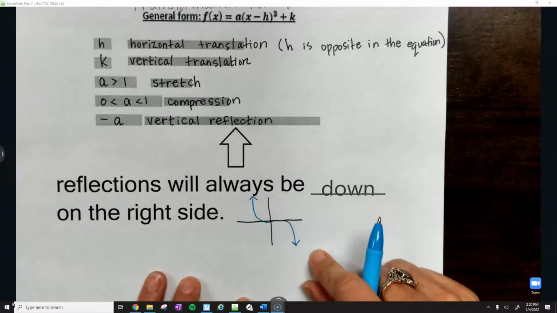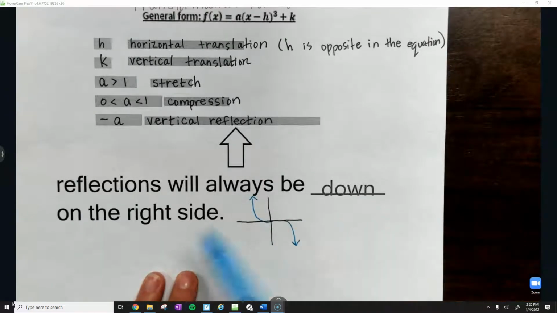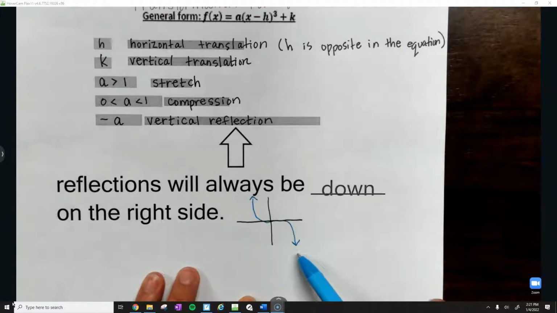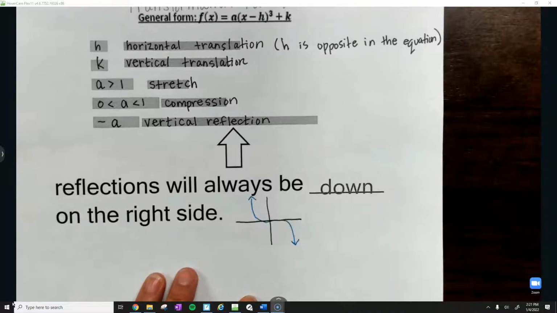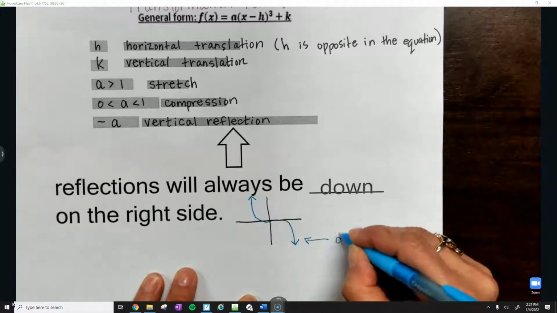I know for sure that's a vertical reflection because it has a down arrow on the right side of the graph. The right side of the graph has to be pointing down for it to be a vertical reflection. Make sure you guys remember that. Here's where it's down on the right side.